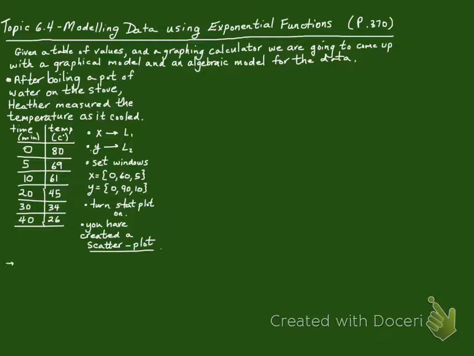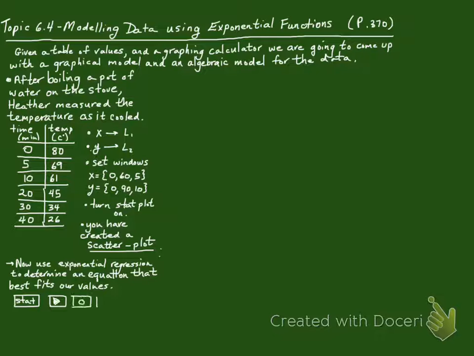By looking at it, you can see that it's going to be an exponential function. And it's a decreasing exponential function. So we can use exponential regression to determine an equation that best fits our values.